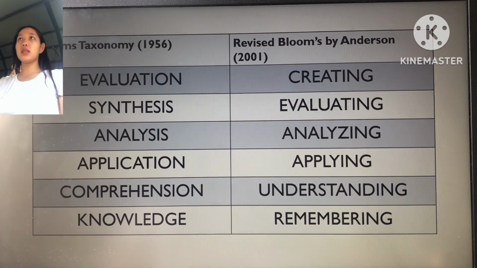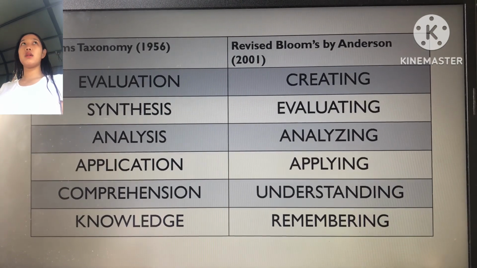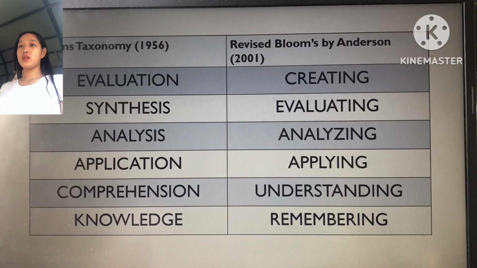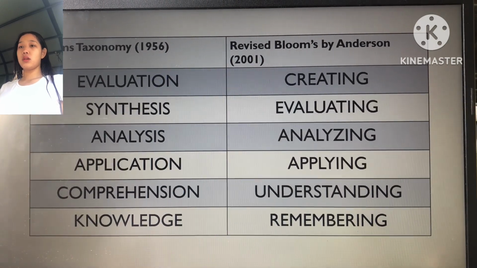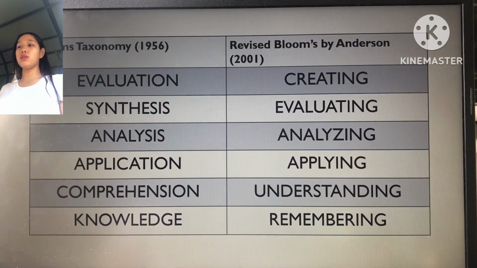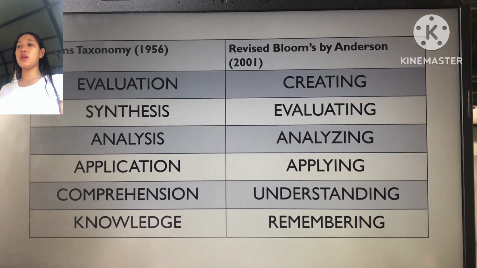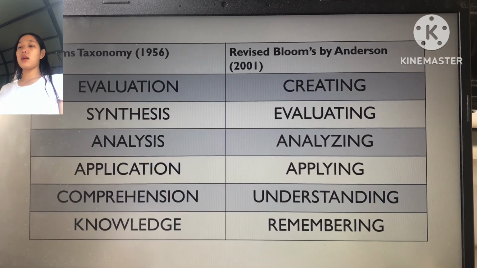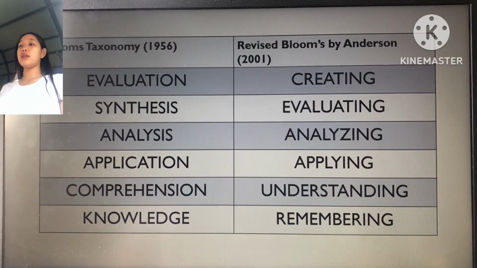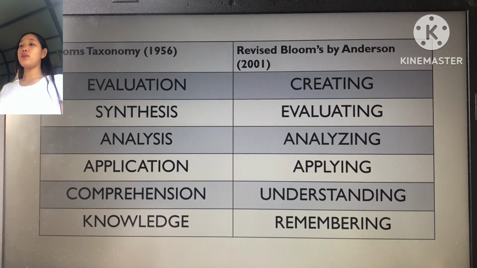As we can see, the levels of the knowledge are rearranged. As we can see in Bloom's taxonomy and the revised Bloom's taxonomy, the first one in the original is evaluation, and the first one in the revised is creating. The last one in Bloom's taxonomy is knowledge, and in the revised Bloom's by Anderson it is remembering.